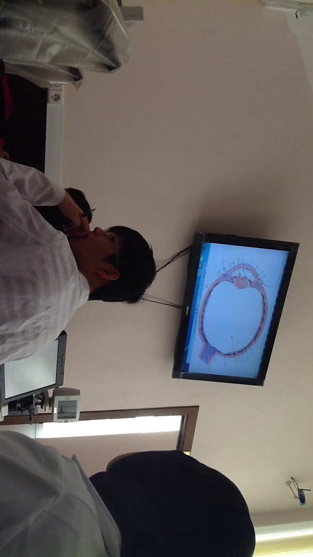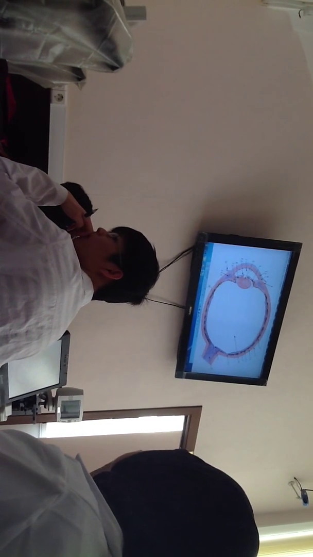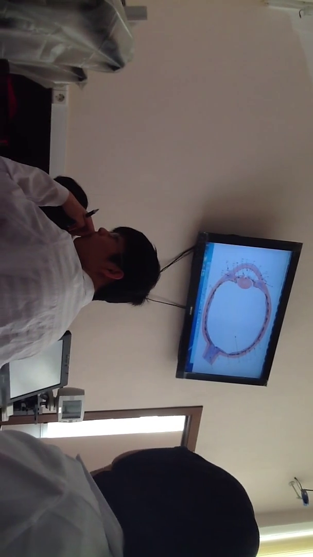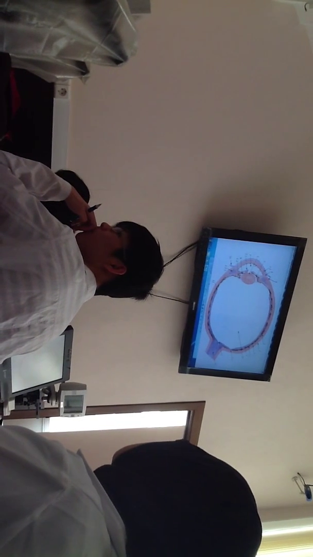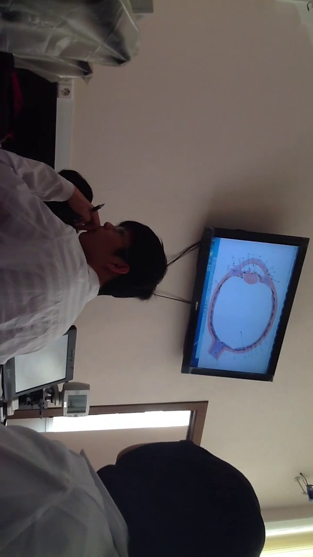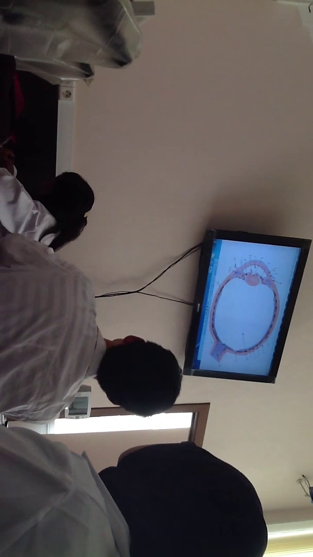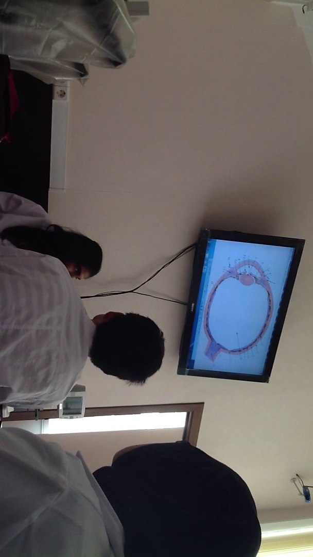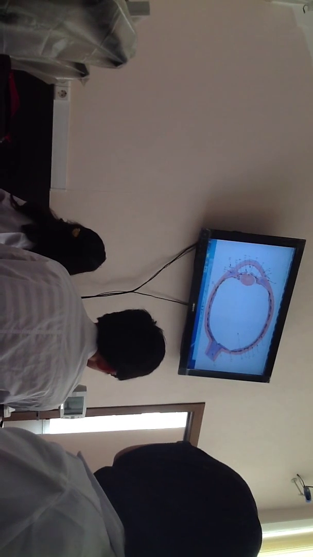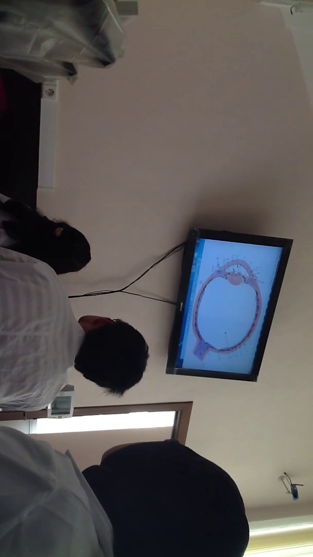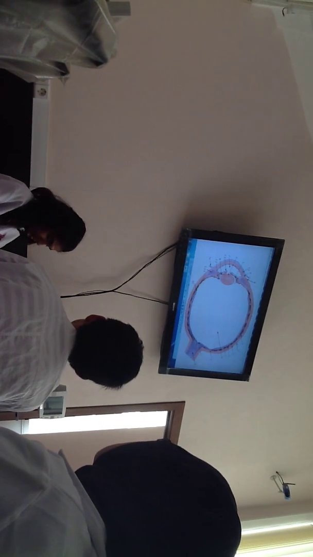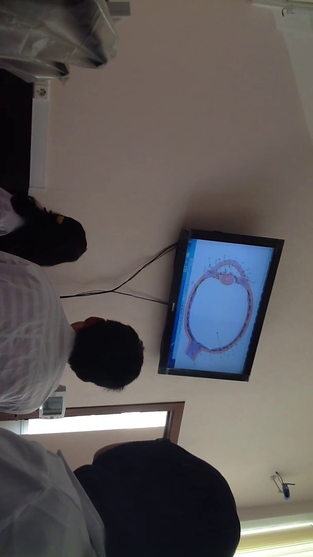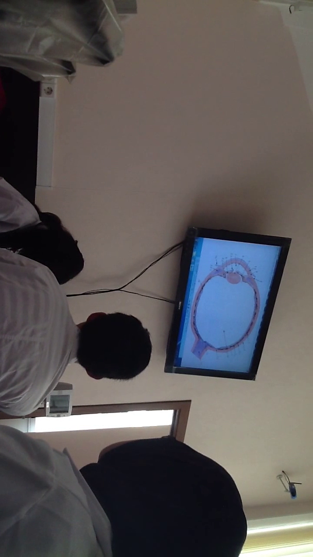The eyeball is spheric, yeah? And here you see the sagittal section of the eyeball. It's the anterior part of the eyeball and the posterior part of the eyeball. This part contacts with the environment, with air. So it's the anterior part of the wall, and here the lateral and posterior part of the eyeball. Is that clear?